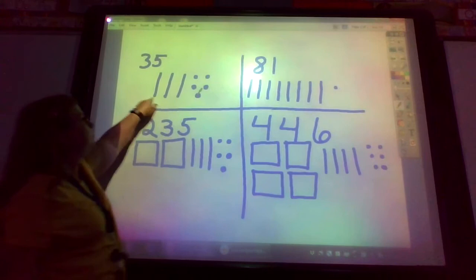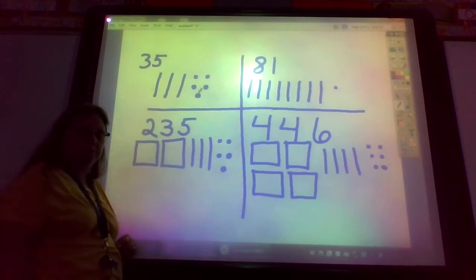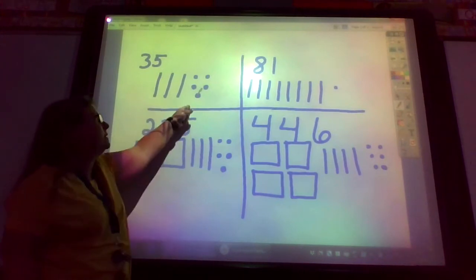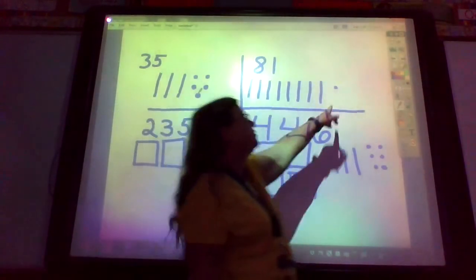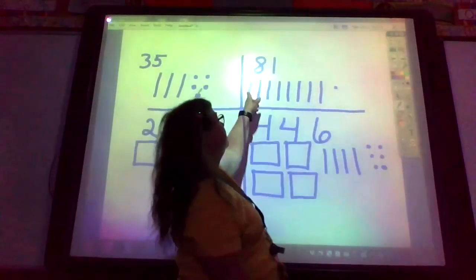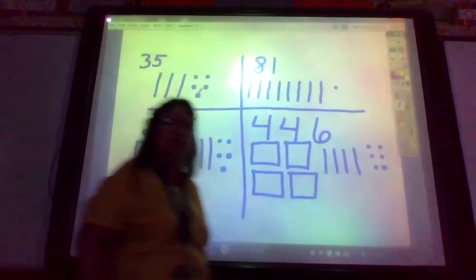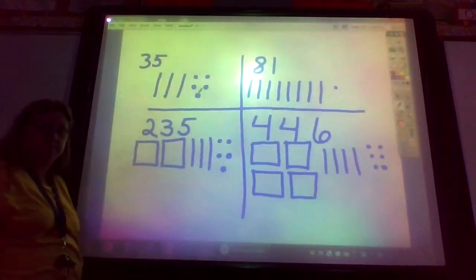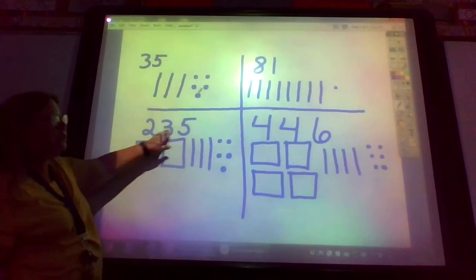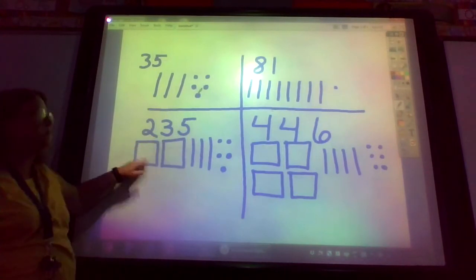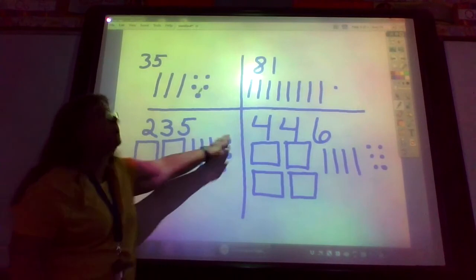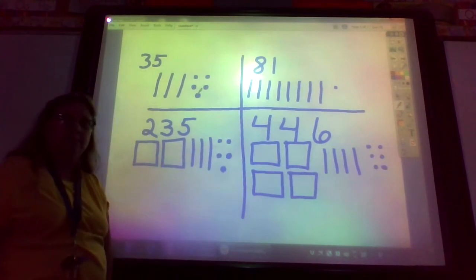So I had to start with my 30, my 10s. And then I did my ones. With 81, I didn't do the 1 first. I did my 10s first. And then I did the ones. When I did 235, I started with the hundreds. And then I did my 10s, and then I did my ones. Okay?